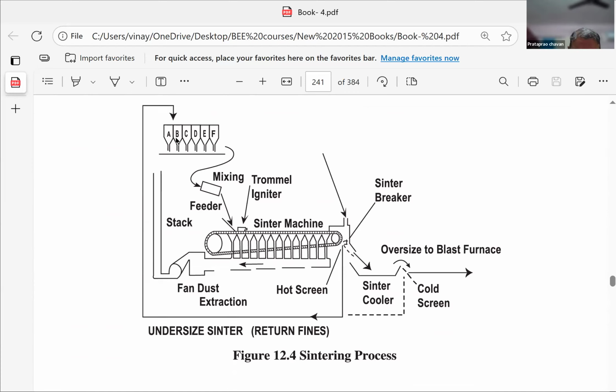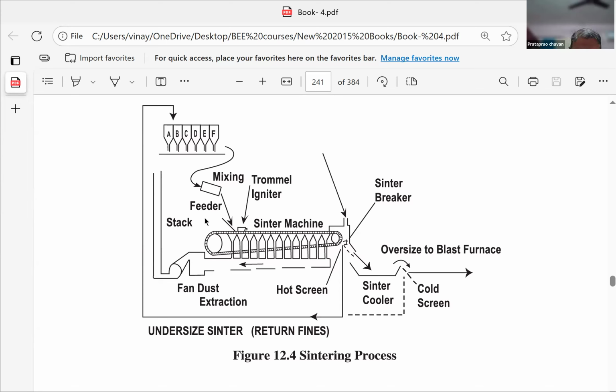From the bunker outlets, very fine dust comes onto this conveyor. This conveyor goes to a rotating type of belt. The feeder is making a heap of all the dust particles here. And a fan is blowing the air. So heat is there in this sintering.